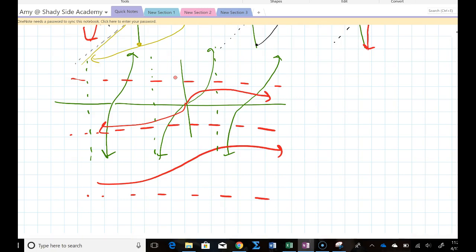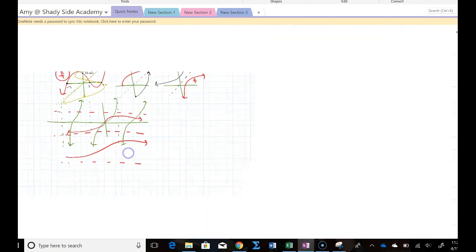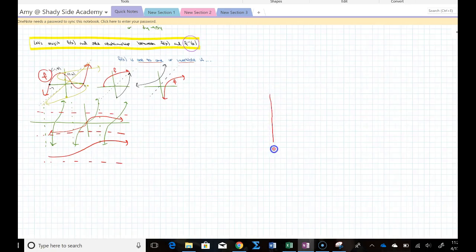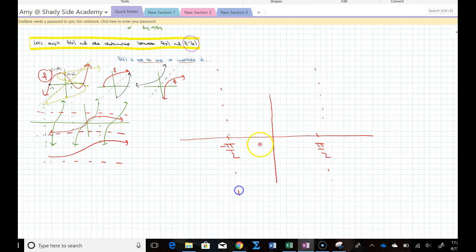But you may recall that we talked about in trigonometry that in order to make y equals tan x one-to-one, we just look at a portion of y equals tan x over the restricted domain negative pi over 2 to pi over 2.